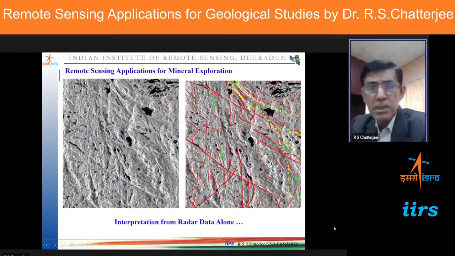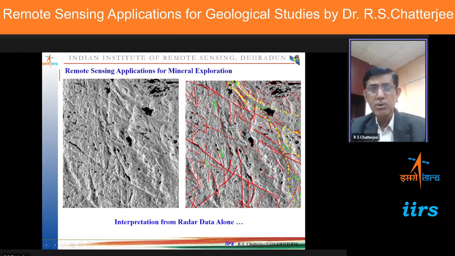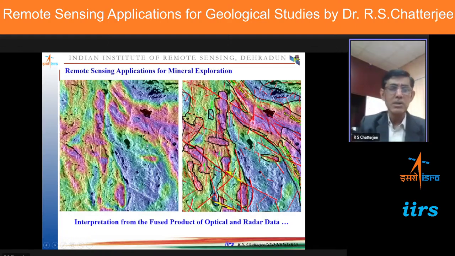Now, similar to hyperspectral remote sensing, microwave remote sensing is also very important for mineral exploration. Particularly, it identifies the geological structures. It highlights geological structures like faults, fractures or lineaments, and shear zones. Okay. So from a radar image, we can get all these geological structures very nicely. Now, if you combine it with the optical image, so this multispectral image is merged with the radar image, then what happens?